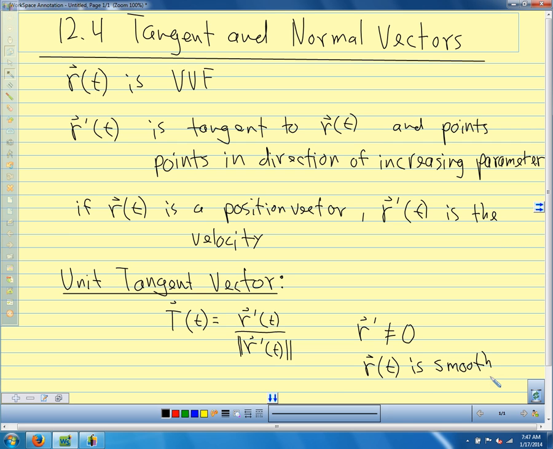So we're defining this unit tangent vector on intervals where our curve is smooth. And whether or not we realize it, we've kind of used the idea of a unit tangent vector in some of the problems that we've done. So let's talk about one example using the unit tangent vector, and then we're going to use the unit tangent vector to come up with our unit normal vector.